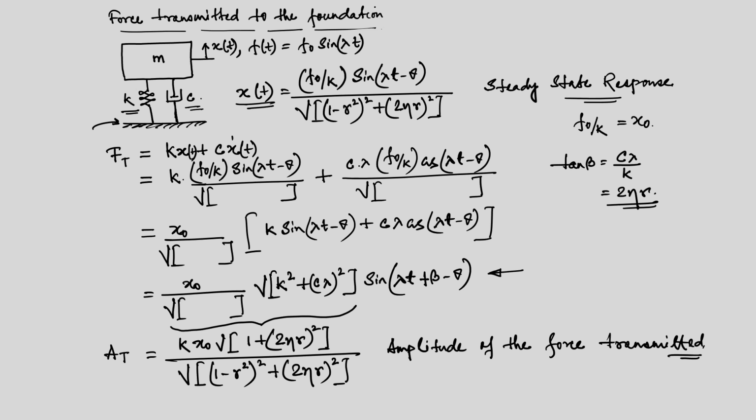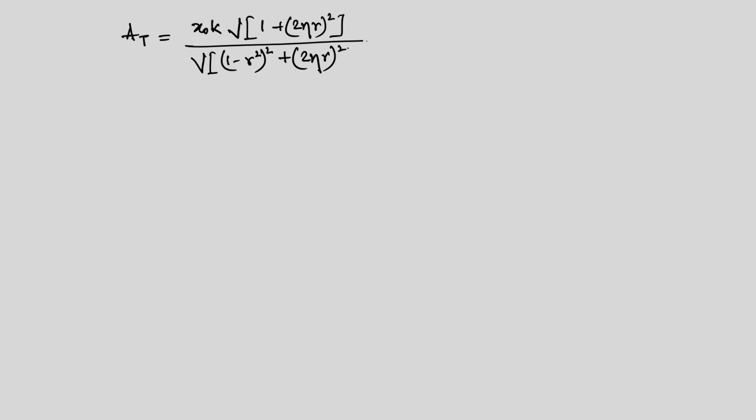So, if we continue, let me just quickly write it and then we will see. So, you will have x naught k square root of 1 plus twice eta r whole square divided by 1 minus r square whole square plus twice eta r whole square. Now, what is this quantity x naught times k?